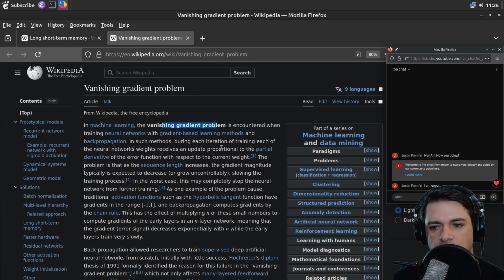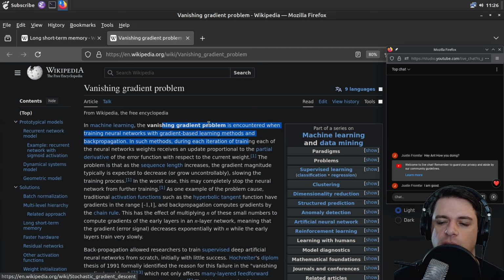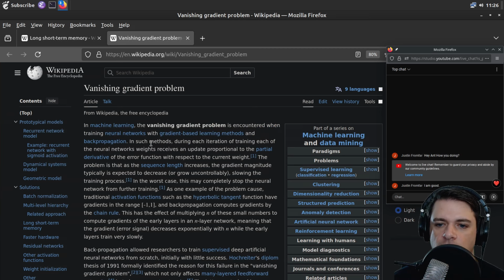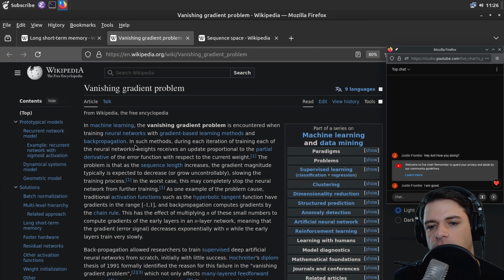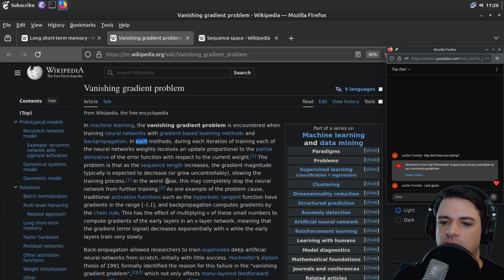In machine learning, the vanishing gradient problem is encountered when training neural networks with gradient-based learning methods and backpropagation. The problem is that as the sequence length increases... maybe I should read this sentence. In such methods, during each iteration of training, each of the neural network weights receives an update proportional to the partial derivative of the error function with respect to the current weight. So as the sequence length increases, the gradient magnitude typically is expected to decrease or grow uncontrollably, slowing the training process.